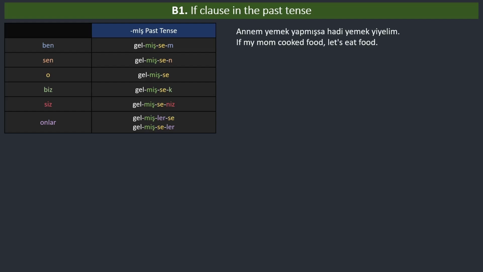You can also use dıysa in this case. It will be okay, like this alternative. Annem yemek yaptıysa, yemek yiyelim. Hadi yemek yiyelim. This will also be okay, but the mış puts more emphasis on the fact that you will find out in a bit. You still don't know. It's just a fancier way to say this sentence. You can choose either of the options.